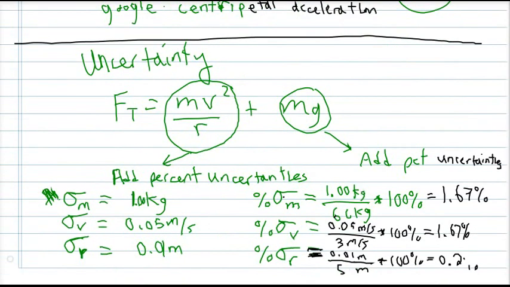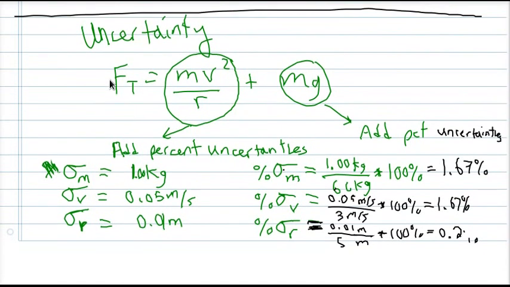Now to the uncertainty. Ft is, as we saw, mv squared over r plus mg. So you have to add the percent uncertainties for each of these terms, the mv squared over r term and the mg term.